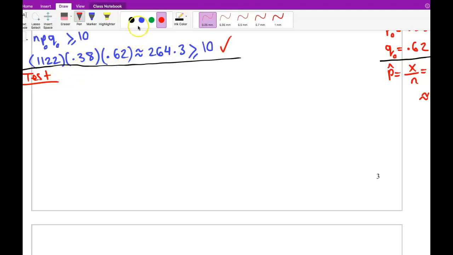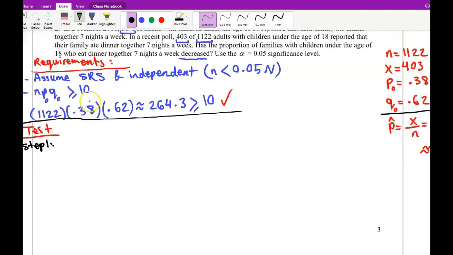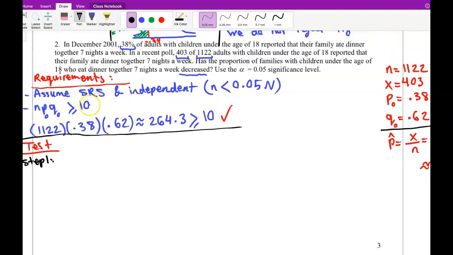Starting with step 1. Okay, null is our population proportion is equal to p0, which is that one, 38%. Now what is the alternative?